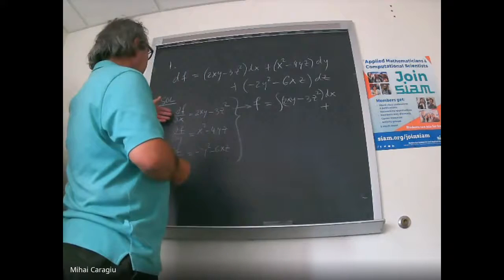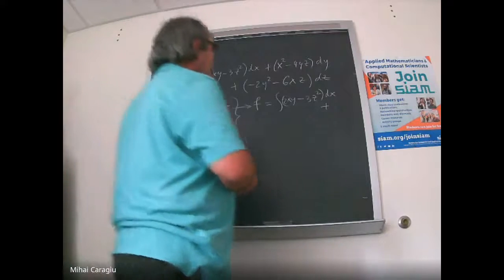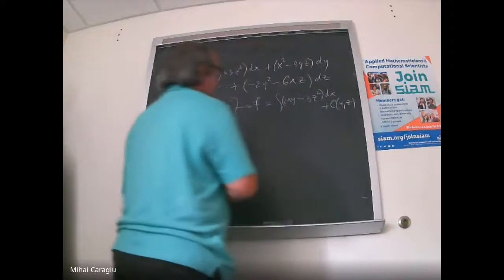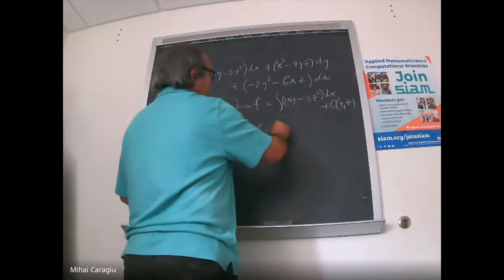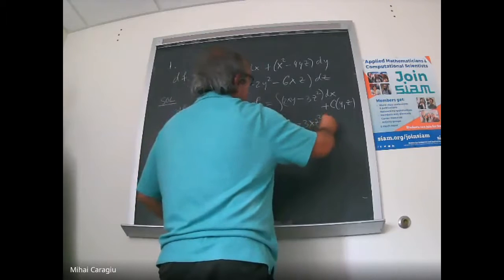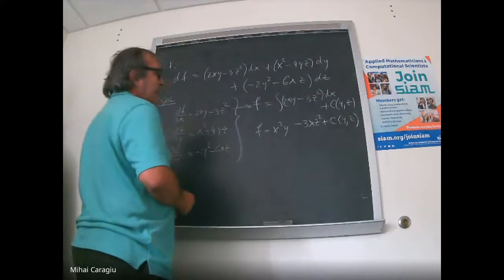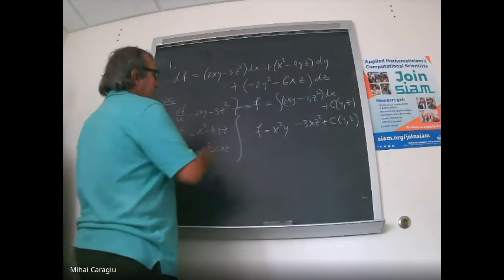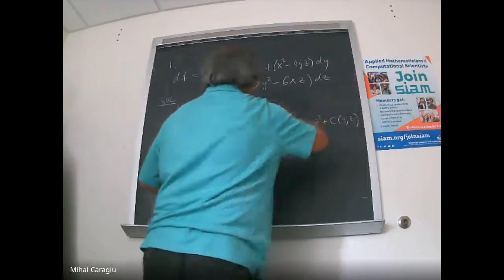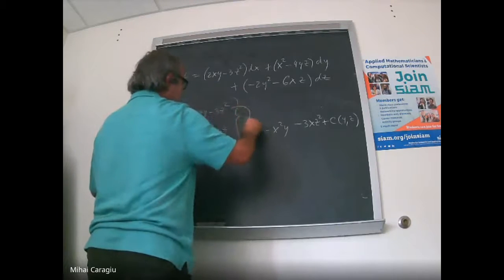If we integrate with respect to x, then the other two variables are treated as constants, so plus a constant c of y and z. Therefore, f will be x squared y minus 3xz squared plus c of y and z. This is what we derive from the first relation.